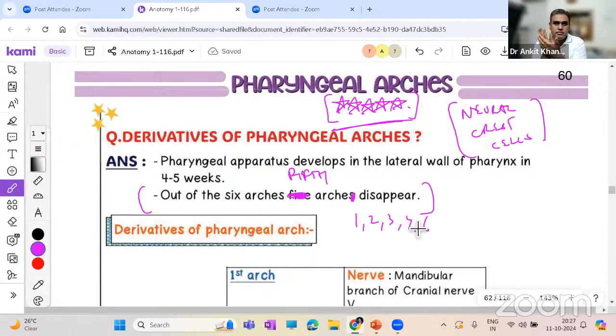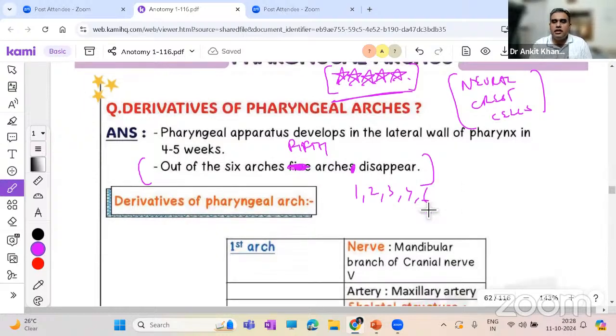Outside is ectoderm, inside is endoderm, as I told you in the 3 concentric ball theory, and between is the mesoderm part. Simple as that. So these arches have all these ecto, meso, and endo parts. They represent the lower part of the face, which includes a part of the ear as well as the region of the neck. They include the development of the tongue also. Do remember this.